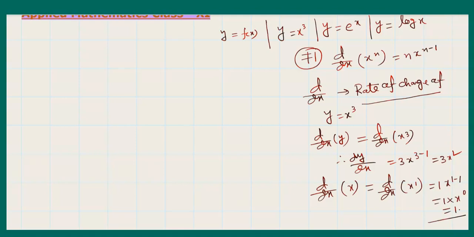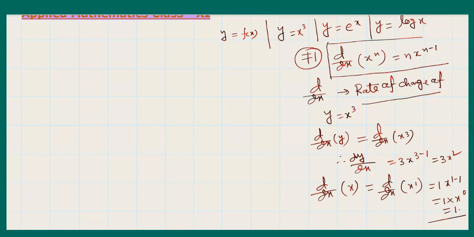Now all these we get by using the first principle of differentiation. Right now it is excluded from your syllabus. You can see one of the videos I made earlier where the derivative of y with respect to x is determined by using the first principle of differentiation. In fact, the formula I will be sharing with you here depends on the first principle of differentiation.